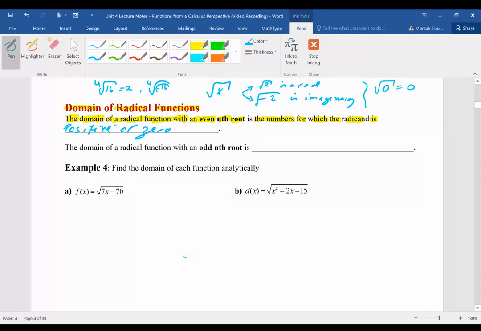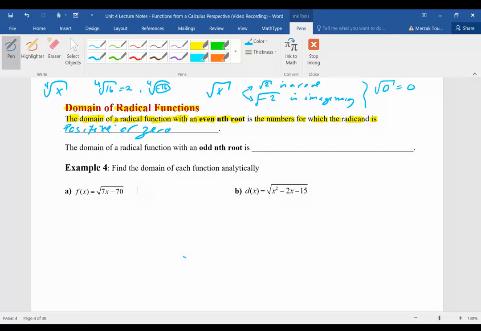So negative 16 will not be in the domain of the fourth root of x. So any radical with an even nth root, its domain is the numbers for which the radicand is either positive or zero.